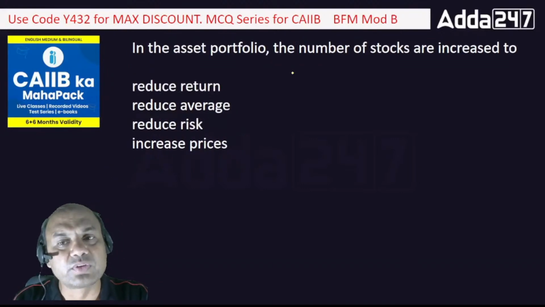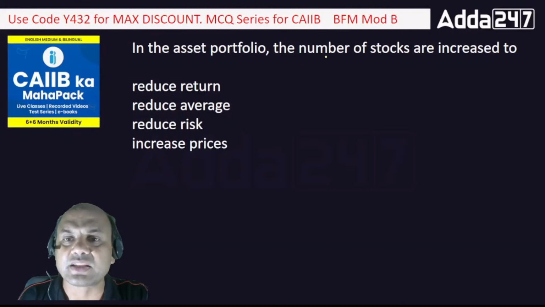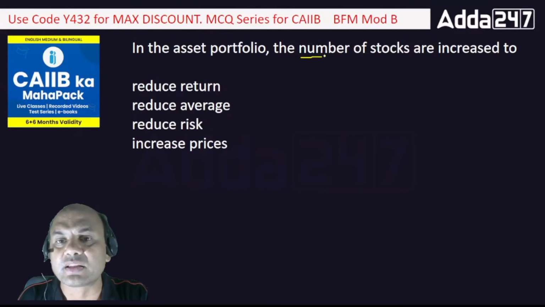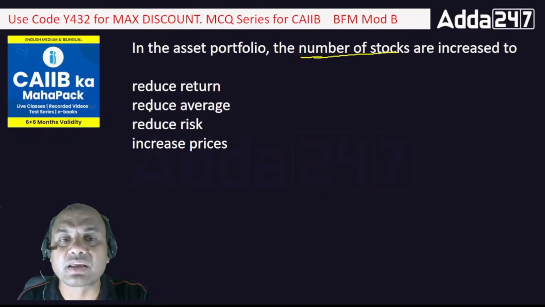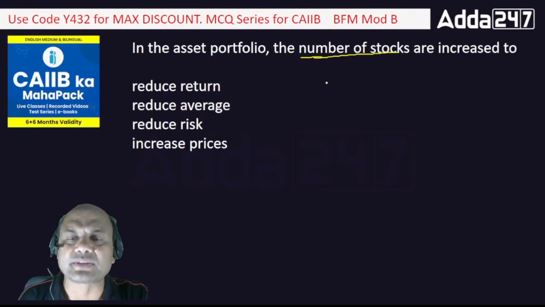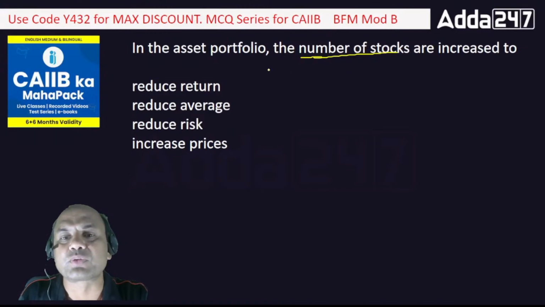In asset portfolio the number of stocks are increased to. Why do I increase the number of stocks in any asset portfolio? The number of stocks are increased to reduce the return, reduce the average, reduce the risk, increase the prices. So what happens? Suppose, let's say one example, I am having a portfolio.